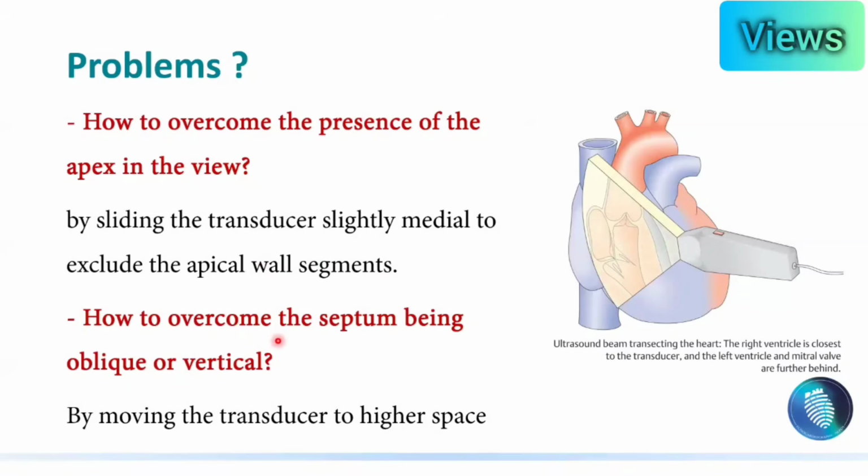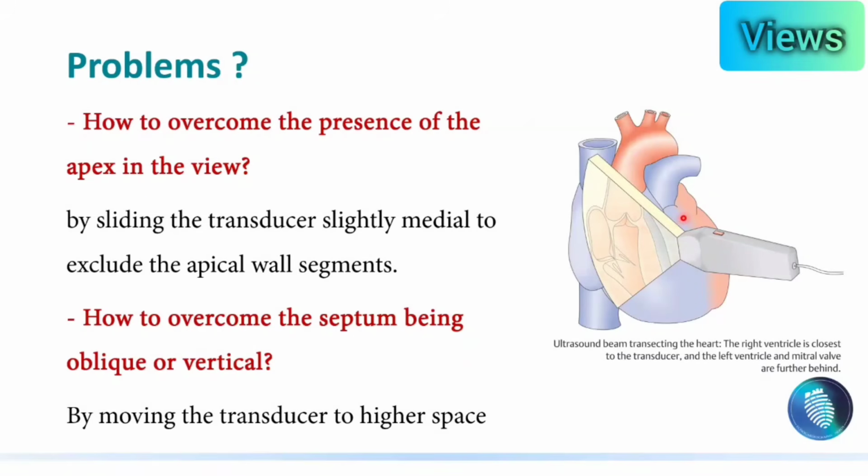The second problem is if we have the septum oblique or vertical, and I will show you examples for those problems. If we see the interventricular septum upright or vertical, this means that we are very close to the apex. In parasternal view, we cut over the base of the heart, not the apex of the heart. We have the apex of the heart downward and the base upward.